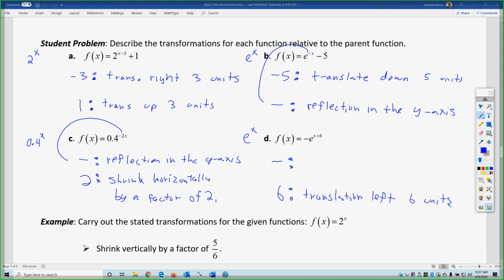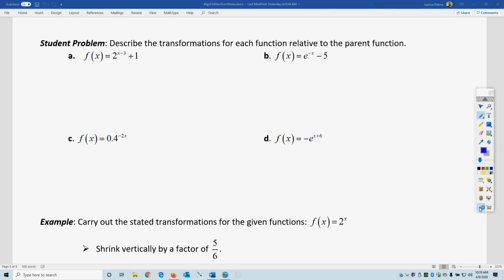And the negative is on the outside, so it affects y. Negatives are reflections. It's on the outside, so that affects y. If you change your y value, you reflect over the x-axis. Okay, let's go to the next one.